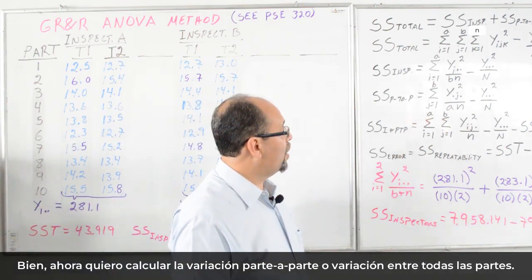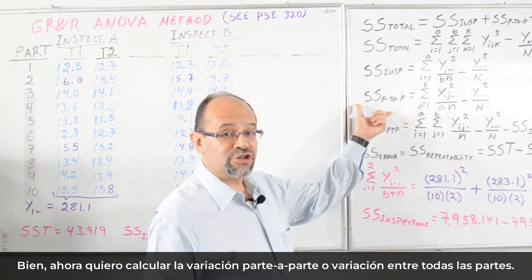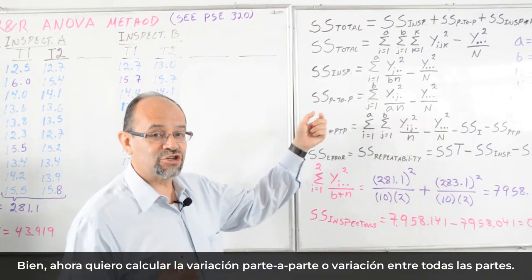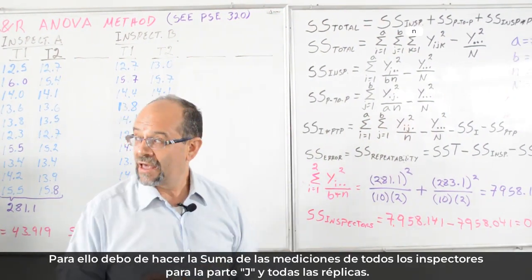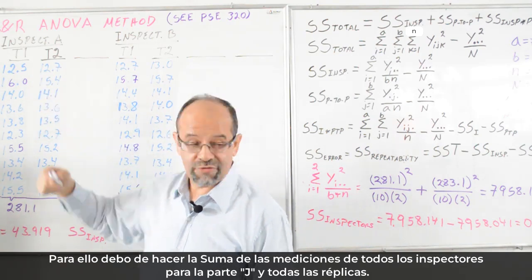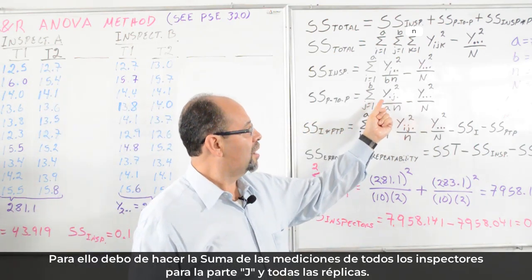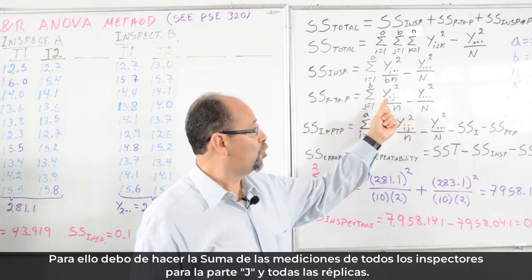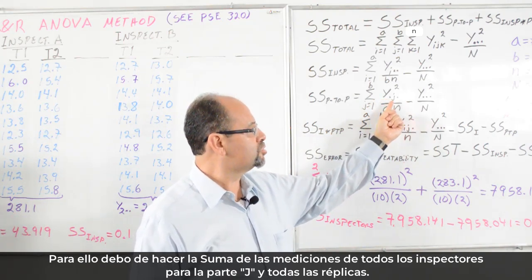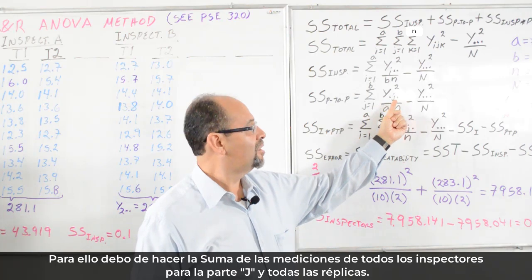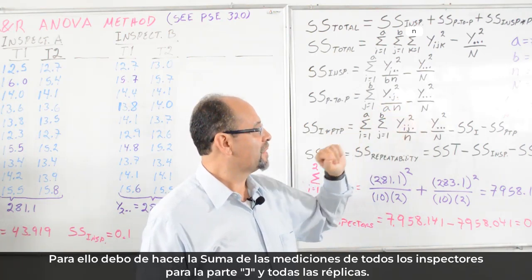Now I want to calculate the variation part to part, the variation because of all the parts, which is all of these. For that one, I have to get the measurements for all the inspectors, part J, all the trials.